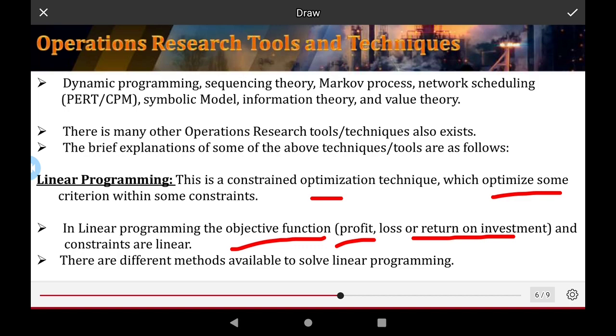There are different models in linear programming. Operation research is a very important subject, useful in all decisions and in all of life. Operation research has great importance in everyone's life.